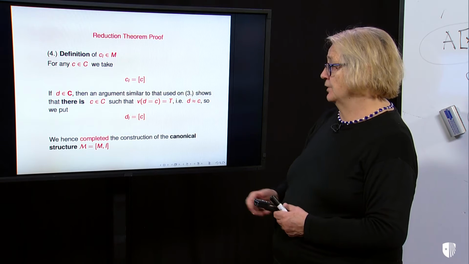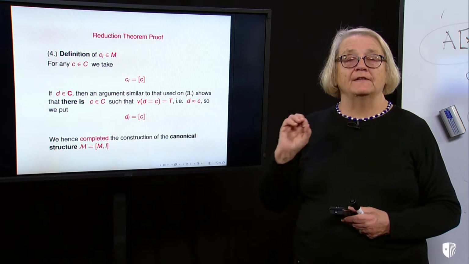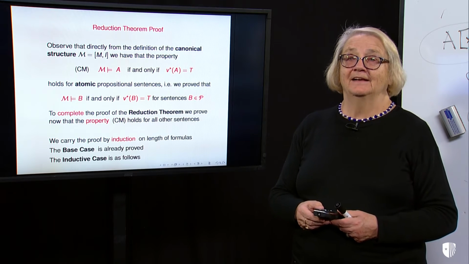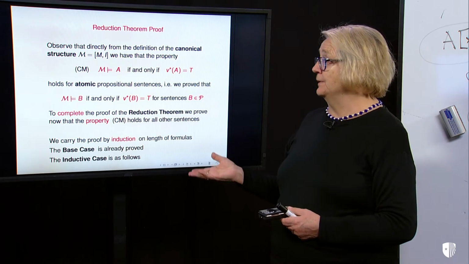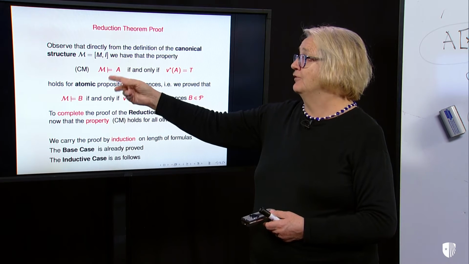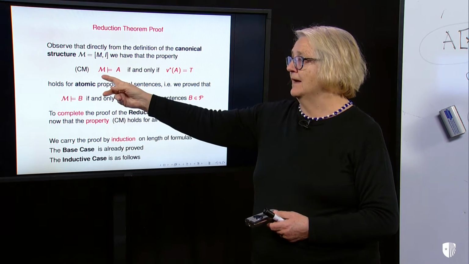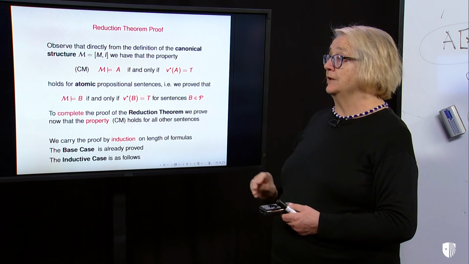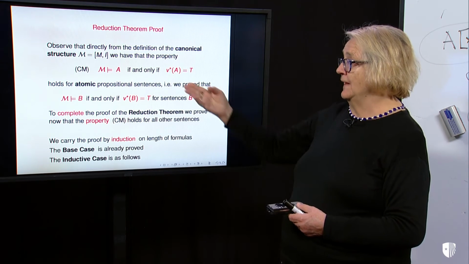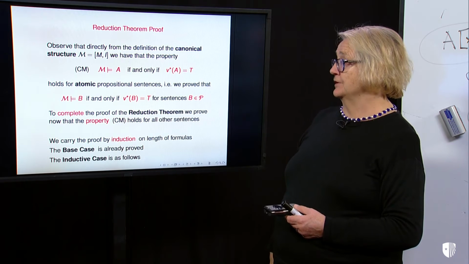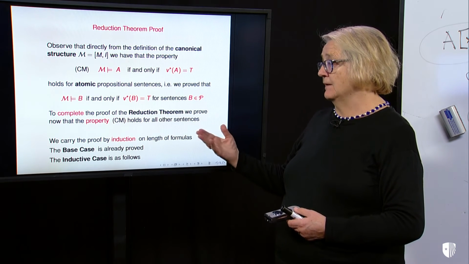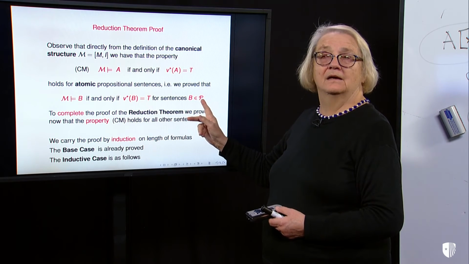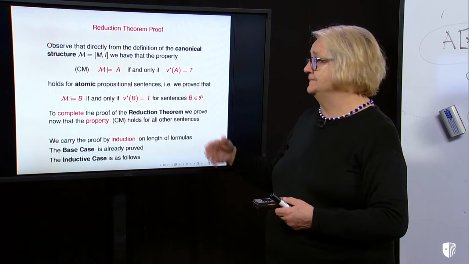And this is the construction of what is called the canonical structure M. And we prove a property that for any formula A, M, the canonical structure, is a model of A if and only if V(A) equals T. That holds for atomic sentences, and we have to show that it holds for any B in P.